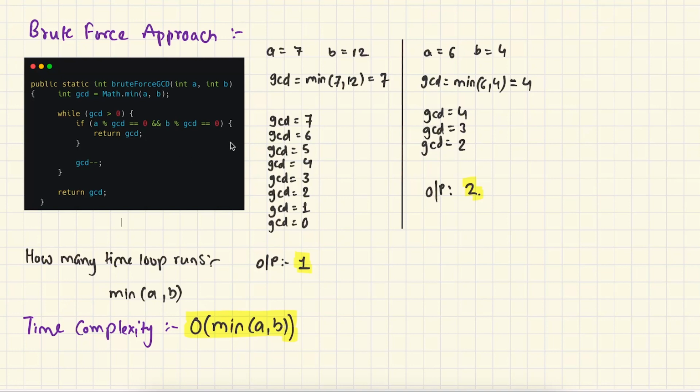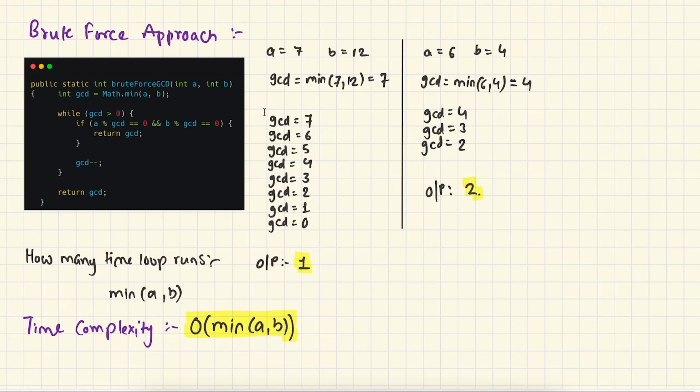So let's see with an example. Let's say we have two numbers, A and B, which are 7 and 12. The minimum of 7 and 12 is 7, so we start our loop from 7. We decrement this number by 1, and in each step we check if A and B are divisible by this number or not. When we find that number, we simply return it.